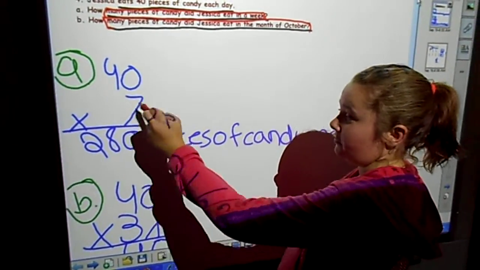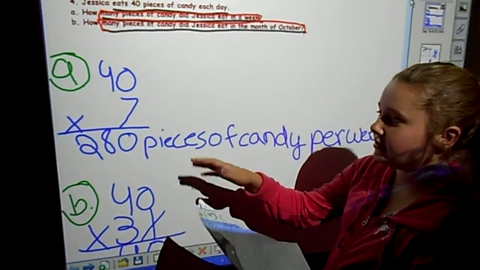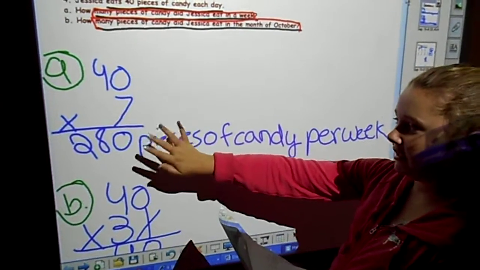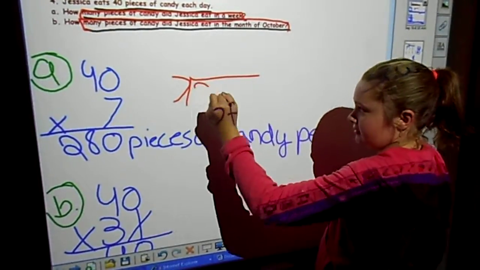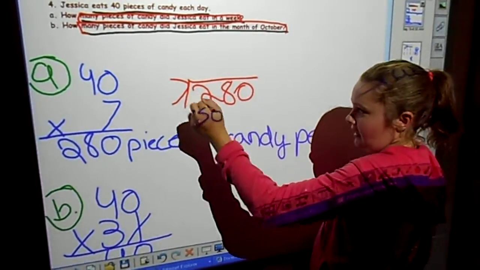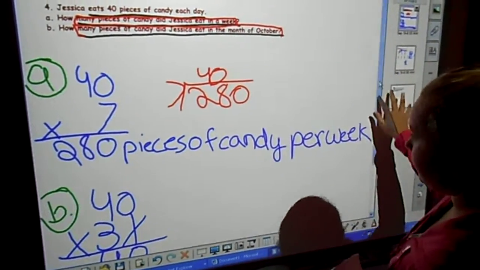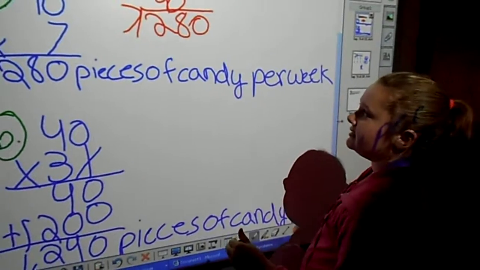You could do 280 divided by 7: 7 goes into 280, and it would come out to be 40. So you do the opposite operation to make sure you're correct?